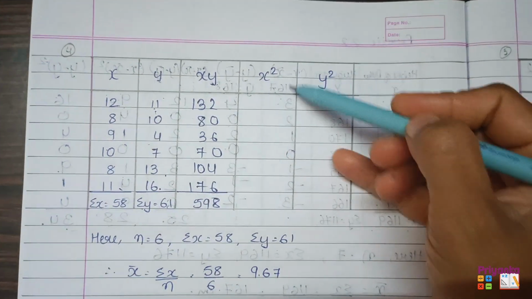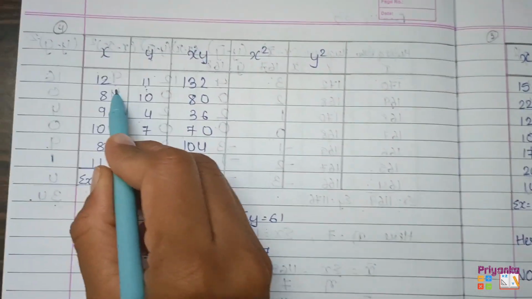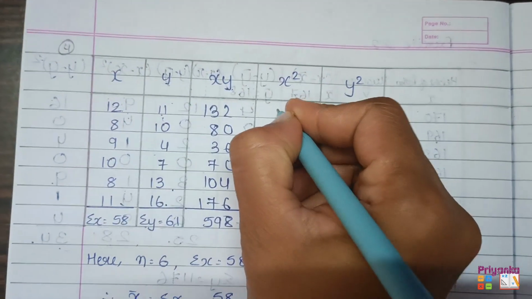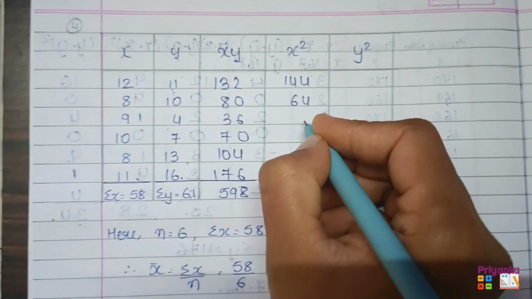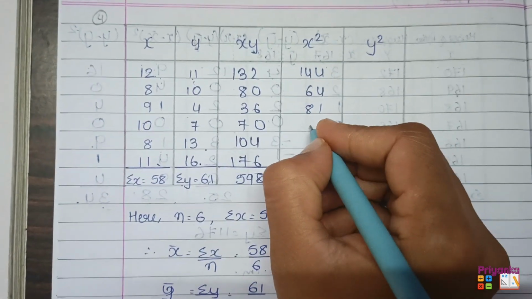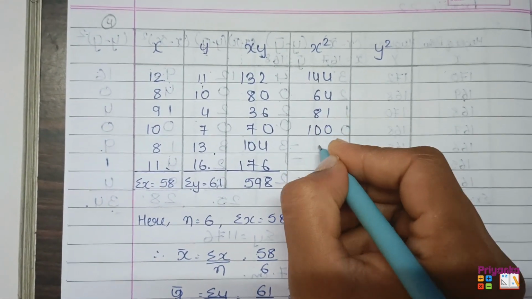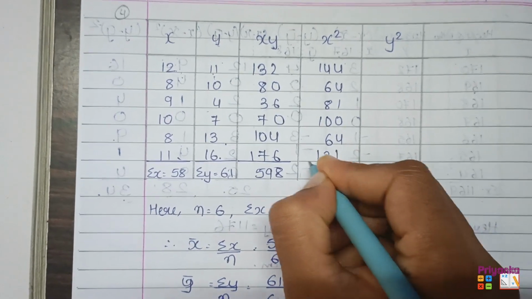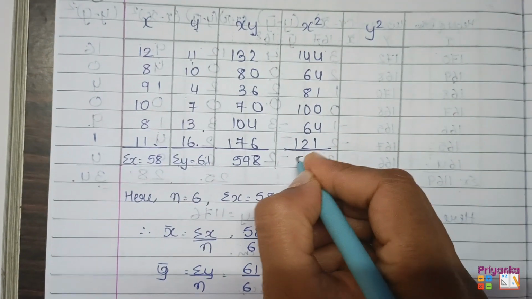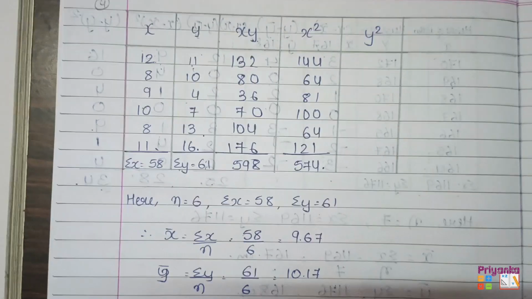Next is x square. 12 into 12, that is 144. 8 8s are 64. 9 9s are 81. 10 10s are 100. 8 8s are 64 again. And 11 into 11, 121. Get the total, that is 574.